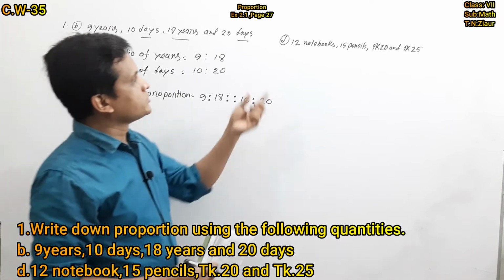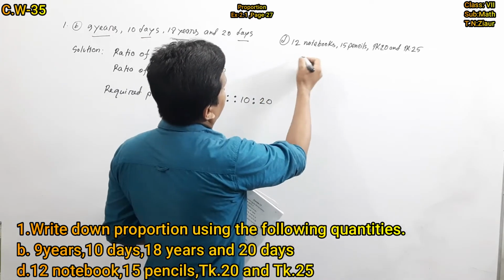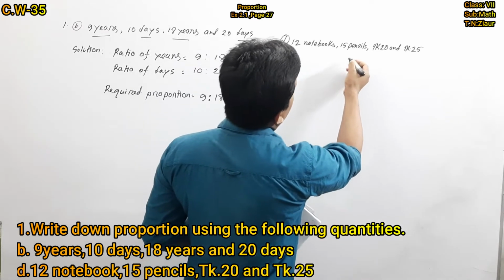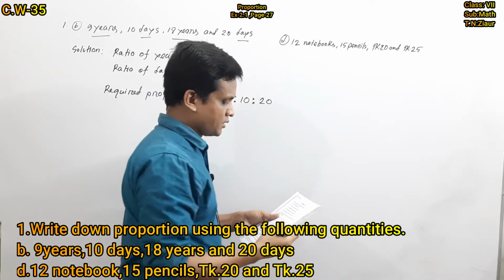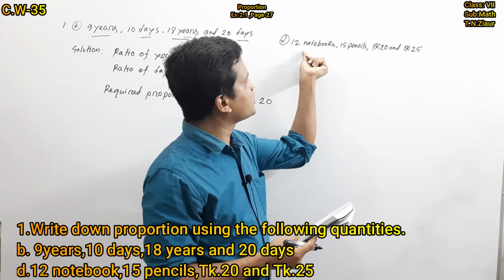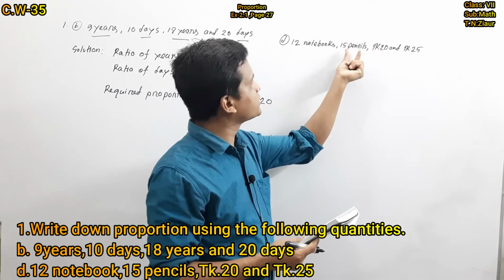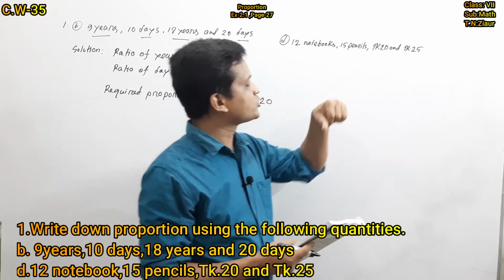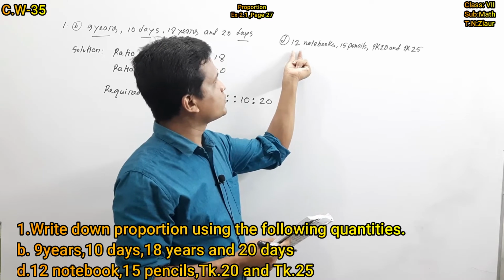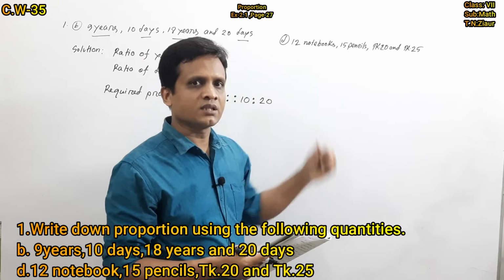Okay, now number 2. This one is 12 notebooks and 15 pencils, and these 12 notebooks' price, suppose, is 20 taka, and these 15 pencils' price, suppose, is 25 taka. So here which one is the product? 12 notebooks and 15 pencils, this is the product.